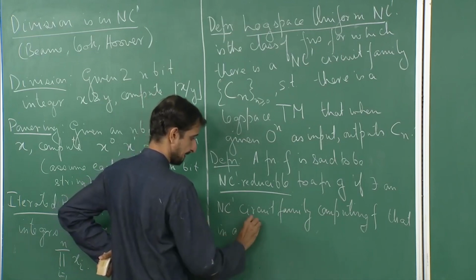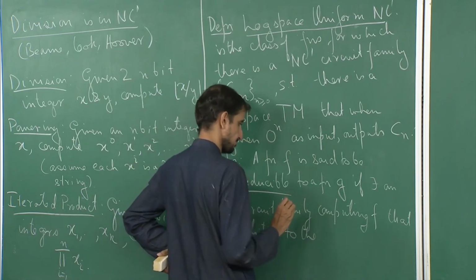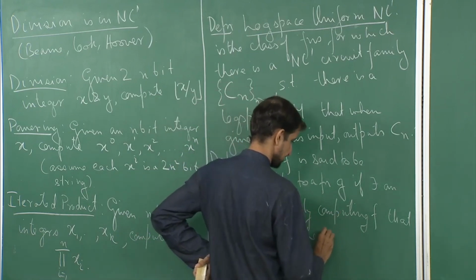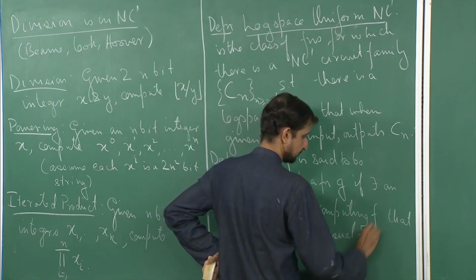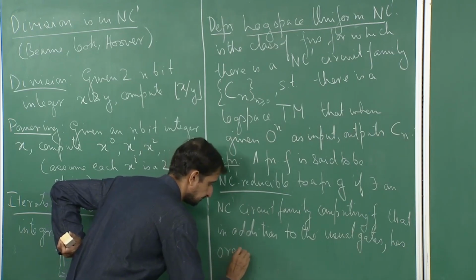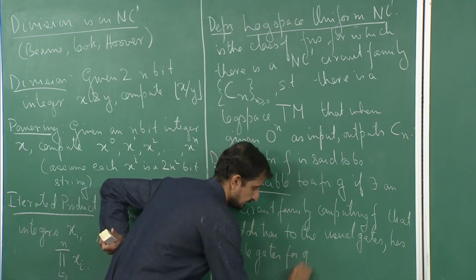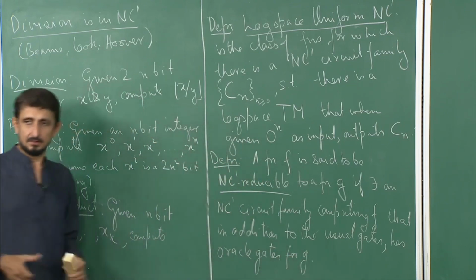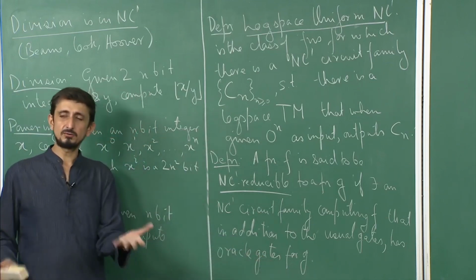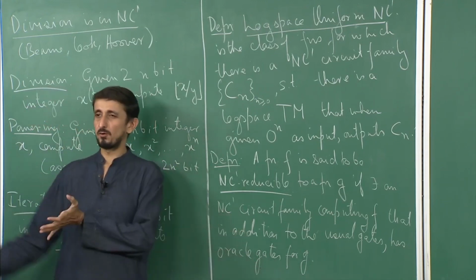What do I mean by an oracle gate for g? g is a function, and it can be any function; you can think of g as taking a string and outputting some other string.